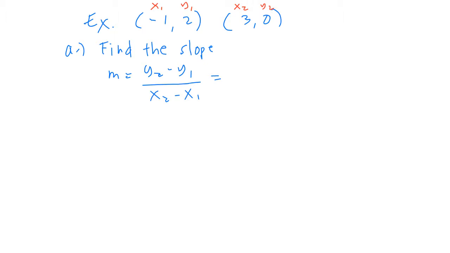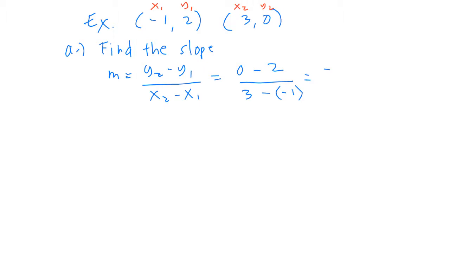Applying the formula, y2 is 0 minus our y1, which is 2, all over x2, which is 3, minus our x1, which is a negative. So be careful with the sign. This is a negative 1 for x1. Then calculate.